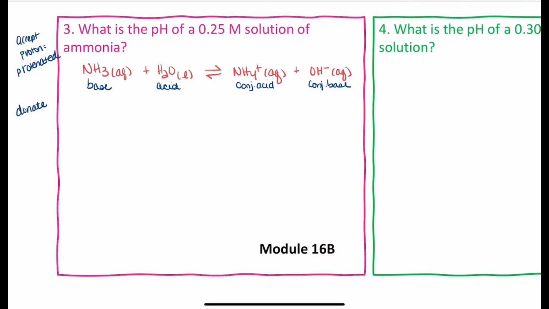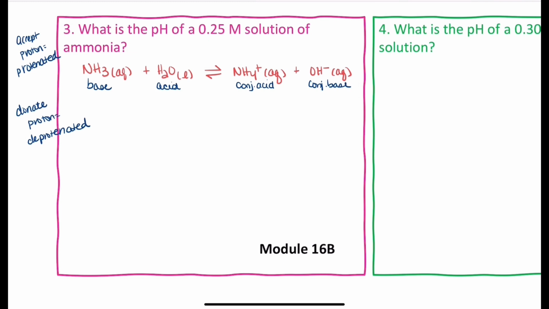Donate proton, deprotonated. So deprotonated meaning it got rid of a proton. Protonated meaning accepted a proton. So I will try to use the words protonated, deprotonated just to help you guys get ready for organic, but I will more naturally use donate and accepted a proton.